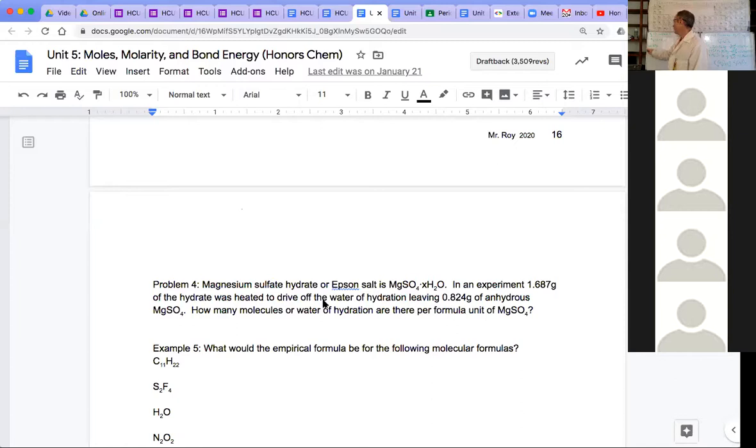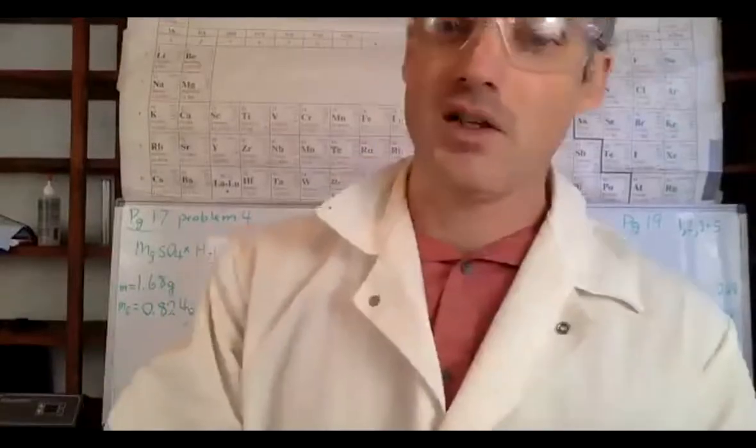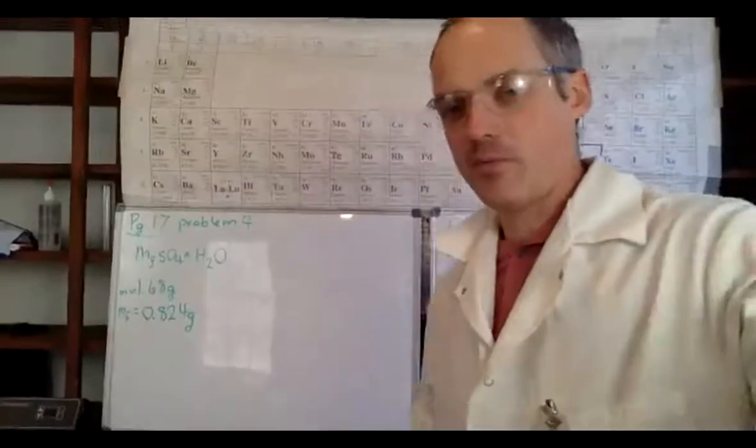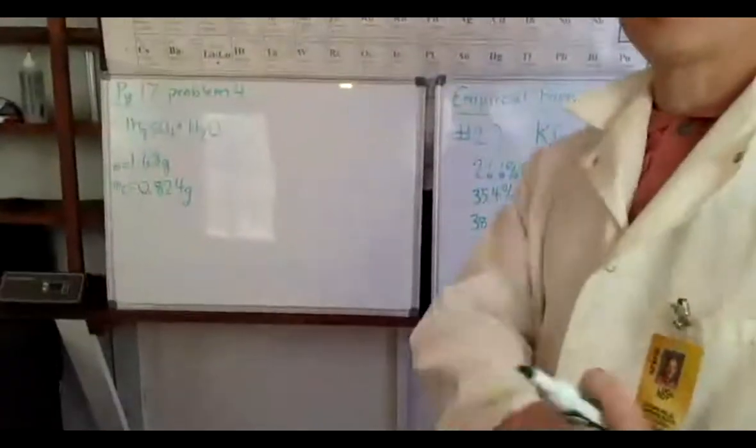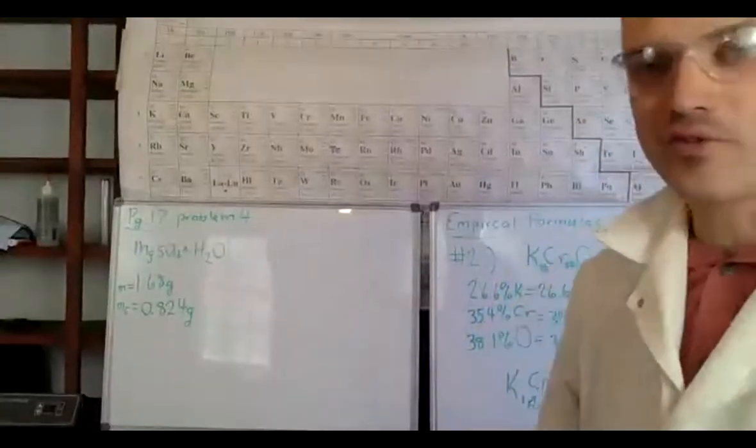And then our final mass, after heating it, we did it, oh wait, I did this lab, but I'm going to send it to you, but then we heat it up and it's 0.824 grams afterwards. And they want to know what the formula is of the compound. All right, so I wrote down some of the important details. Probably not all of them, but most of them.